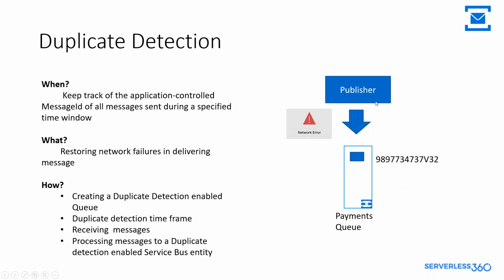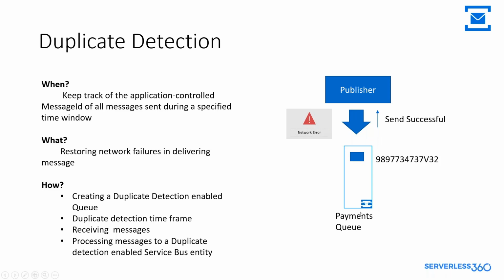So it has been configured with certain retry policies, which push the message again with the same message ID. What a duplicate detection enabled queue gives is comfort: it will send a received successful confirmation, but it will ignore the duplicate message.